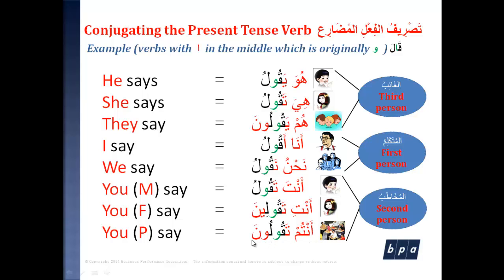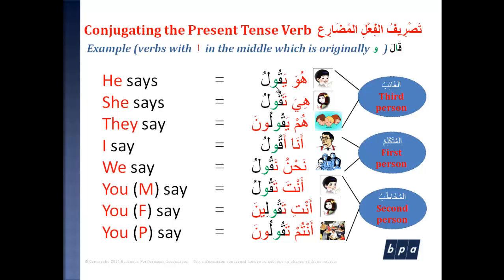أنتم تقولون, you plural. So again, look at the three main letters in the verb: the qaf, the waw, and the lam. You have a dhamma. The waw is basically a vowel and it has a sukoon, and the lam has a dhamma on it.